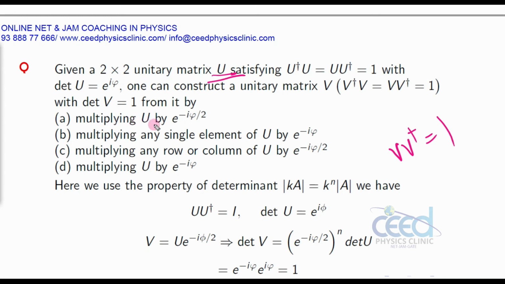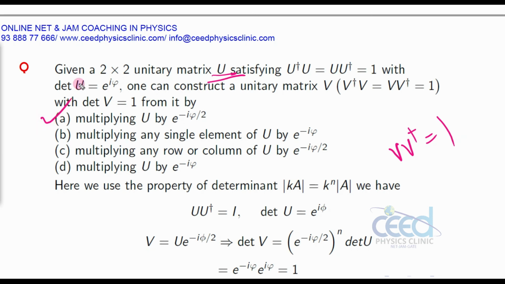So by multiplying U with e raised to minus i phi by 2, or multiplying any single element of U by e raised to minus i phi. Which of the options, when I multiply the matrix U defined in the question with some parameter, will give me determinant V equal to 1? Suppose we check by trial and error. Let us go to the options first.